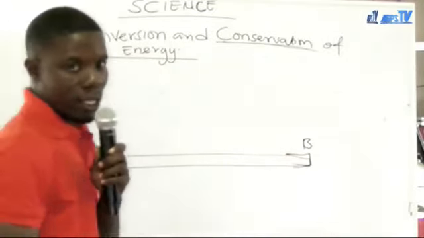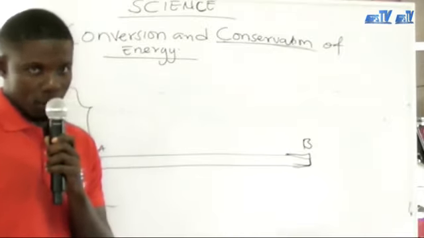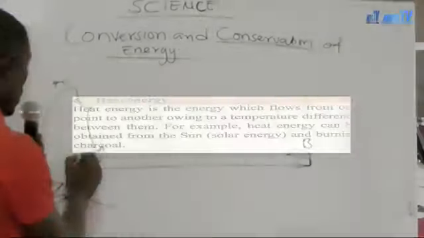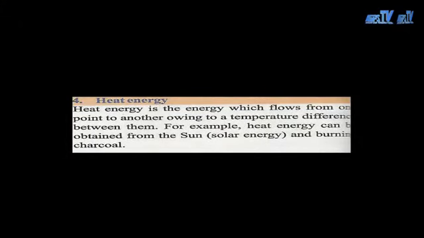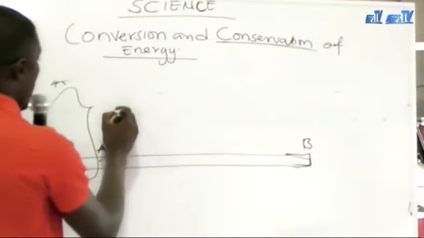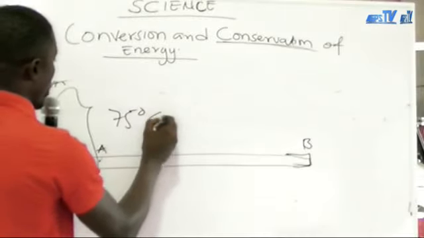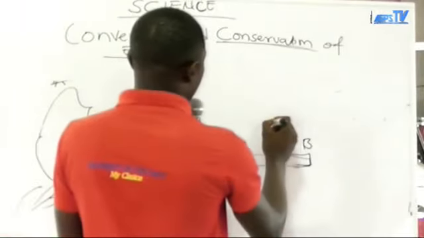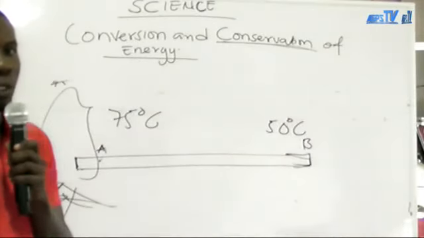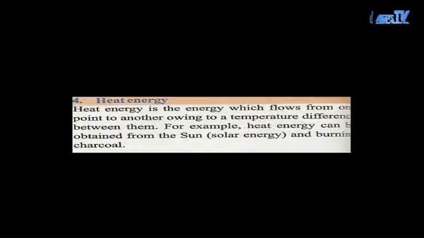So heat energy is the energy transferred from one place to another, owing to a temperature difference between them. If the temperature of point A is maybe 75 degrees Celsius, here will be 50 degrees Celsius, owing to a temperature difference between them.